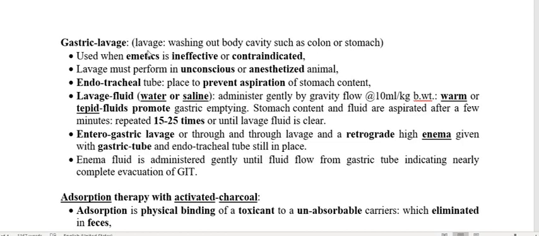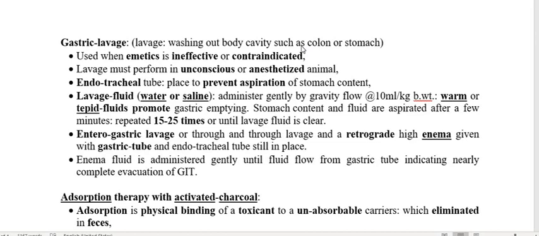Washing out a body cavity such as the colon or stomach is called lavage. In this lavage we use tepid, lukewarm water. The lukewarm water has to reach the colon or stomach, and through a tube we wash out the contents, similar to vomiting.